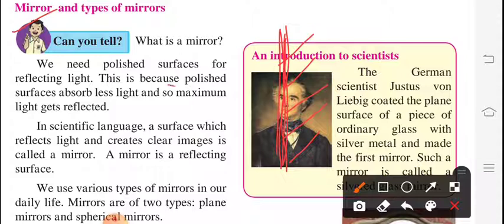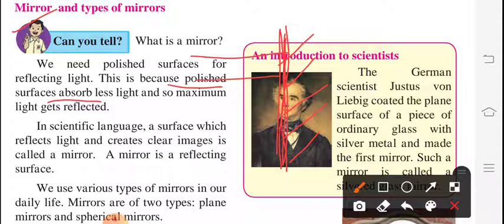This is because a polished surface absorbs less light and so maximum light gets reflected. So whatever rays fall on this object, they will come back.